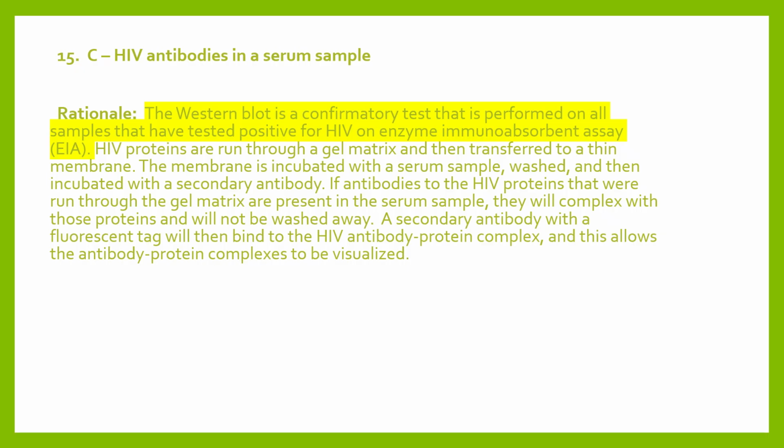If antibodies to the HIV proteins that were run through the gel are present in the serum sample, they will complex with those proteins and will not be washed away. A secondary antibody with a fluorescent tag will then bind to the HIV antibody protein complex, and this allows the antibody protein complexes to be visualized.